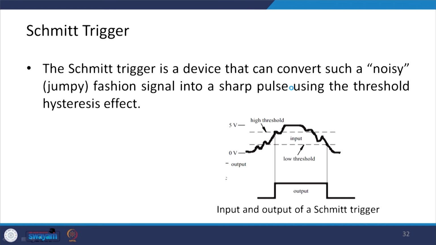A Schmitt trigger is a device that can convert, say, a noisy or jumpy signal into a sharp pulse using the threshold hysteresis effect. So, you can see that this noisy signal can be converted into sharp square pulses. Okay.